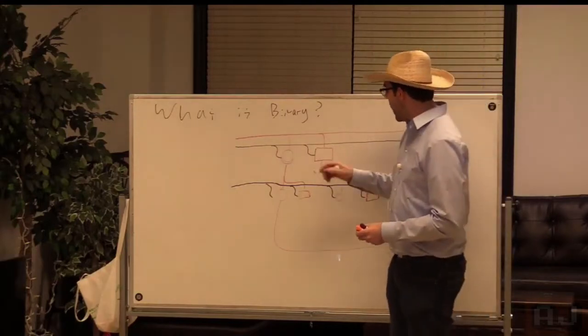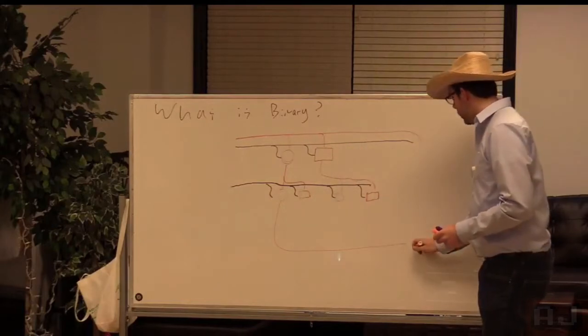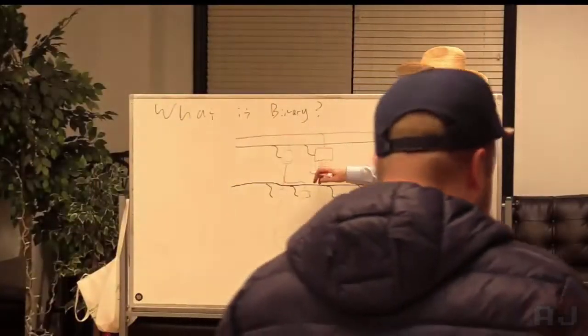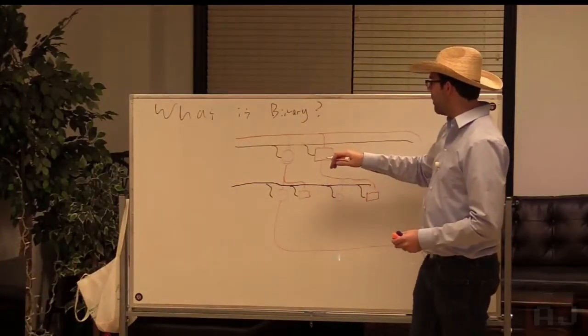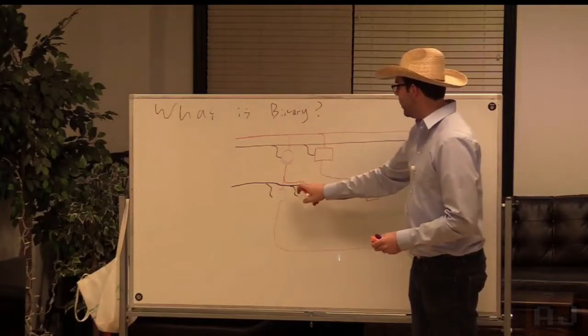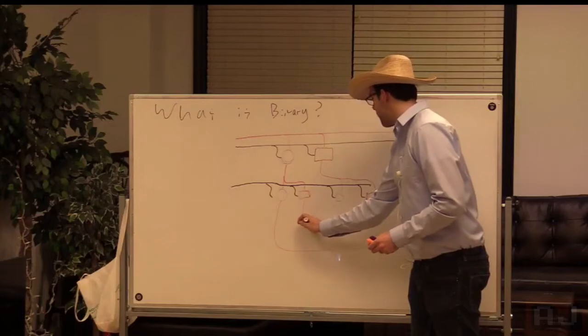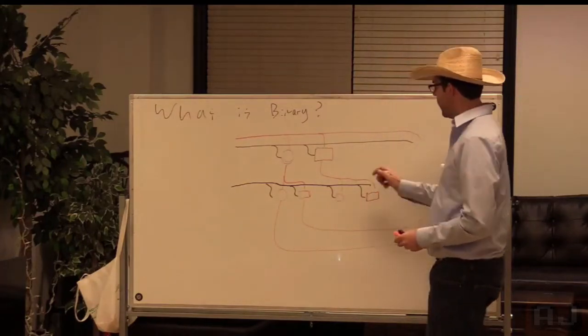So this becomes 1, 1. Now, if I have this one on and this one off, then this one turns on, and then I have 1, 0.